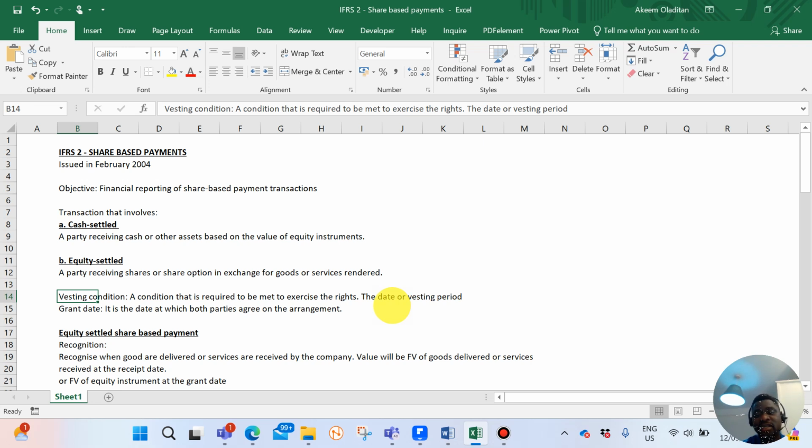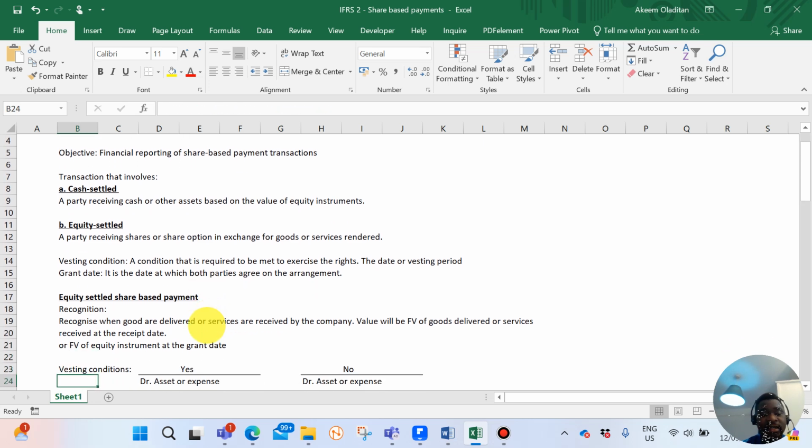That 3 years is what we call the vesting period. The grant date, on the other hand, is the date at which both parties agree for that transaction to occur. So that grant date is really important, especially when we talk about equity settled share-based payment. I will explain that in detail when we get to that area.